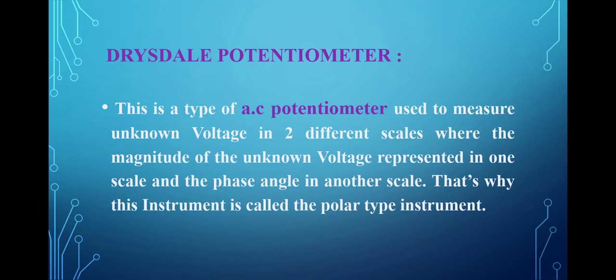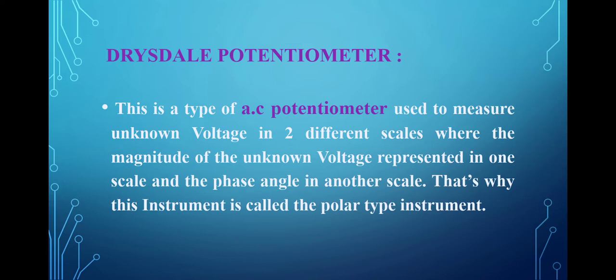So what's the difference between a DC potentiometer and an AC potentiometer? In a DC potentiometer we make use of a standard voltage source, which is nothing but a DC voltage source, and for detection purposes we make use of a D'Arsonval galvanometer, whereas in AC potentiometers we make use of an AC voltage source, and the detector is the vibration galvanometer.